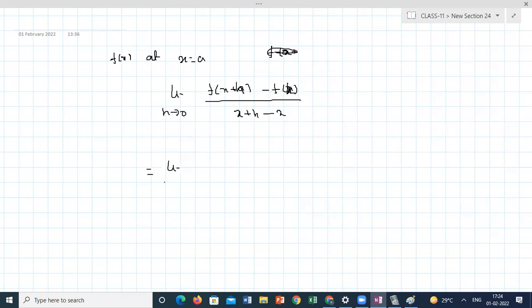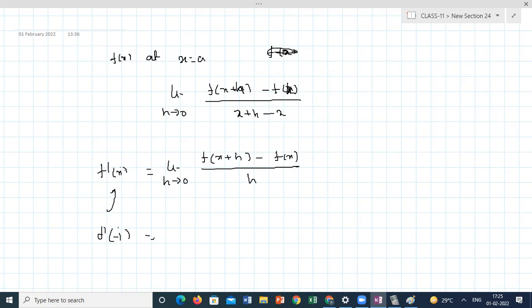So this is the definition of the limit: limit h tends to 0, f of x plus h minus f of x by h. This is f dash x. If I am asking f dash of minus 1, wherever you have minus 1, you substitute it here: limit h tends to 0, f of minus 1 plus h minus f of minus 1 divided by h.